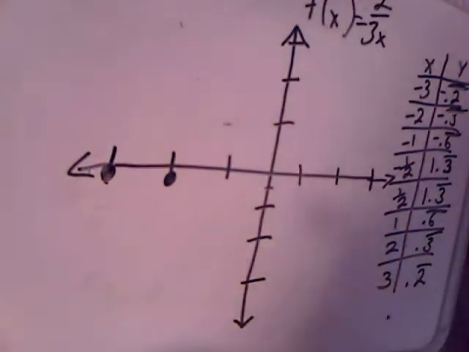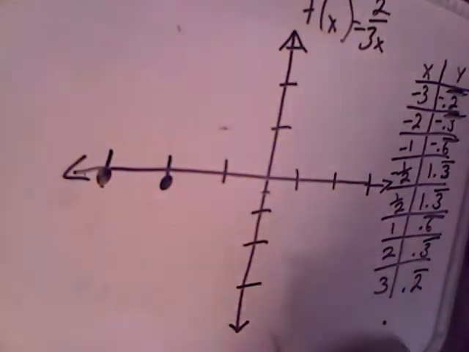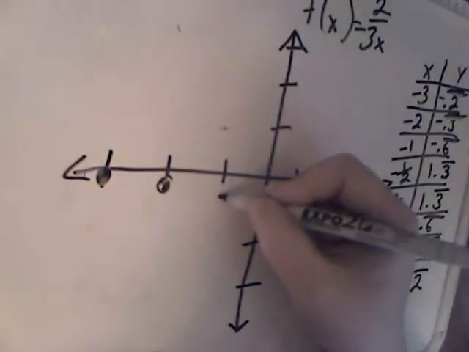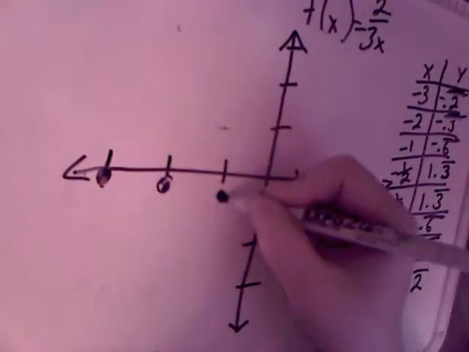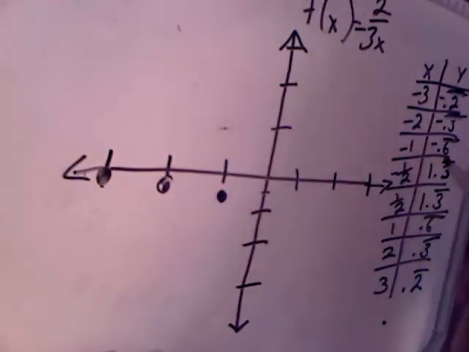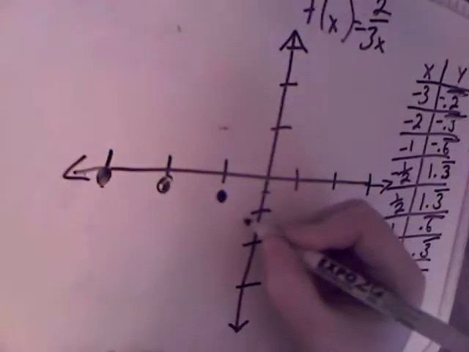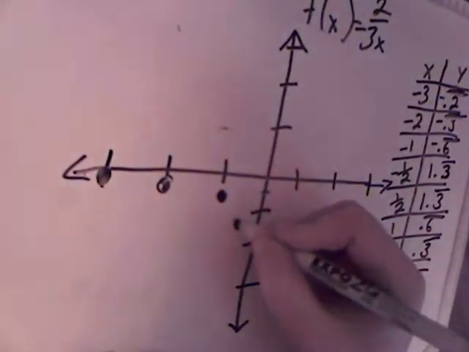And it's very hard to see. I understand that. This is just sometimes the nature of the problem, that they're just really close to each other. -1, -0.6, so I'm going to go about halfway down, a little bit more. And then -1/2, which is here, and 1.3 repeating, which is going to end up being right about here.